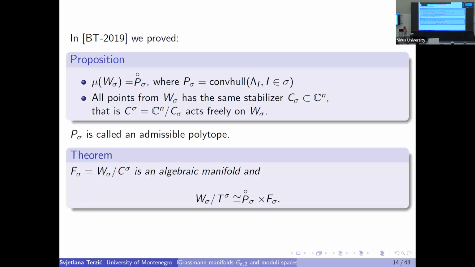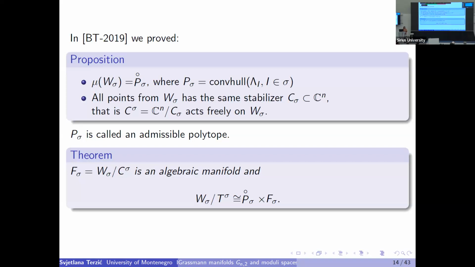And then what we proved is that we have a moment map and we have a stratum. When we apply the moment map, the image of the stratum is the relative interior of the polytope P_sigma, where P_sigma is the convex hull of those vertices of the hypersimplex Delta_{n,2} which are indexed by sigma.